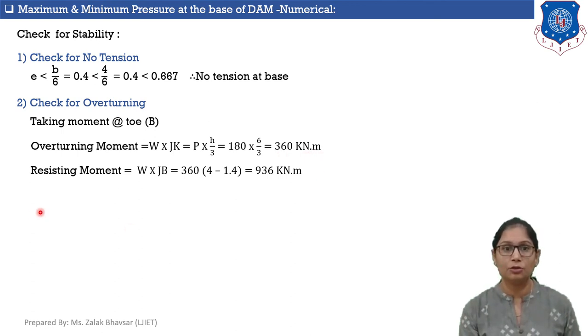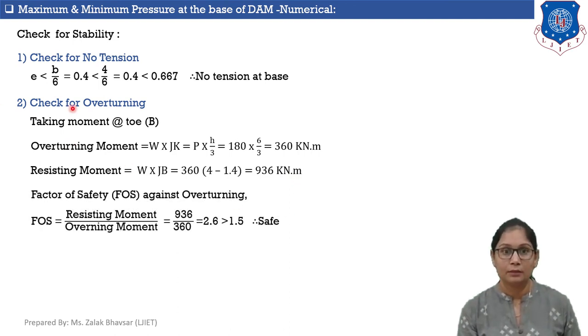Now we also need to calculate resisting moment, which is equal to W into JB. W as we calculated is 360 and JB is equal to 4 minus 1.4. So it is equal to 936 kilonewton meter.